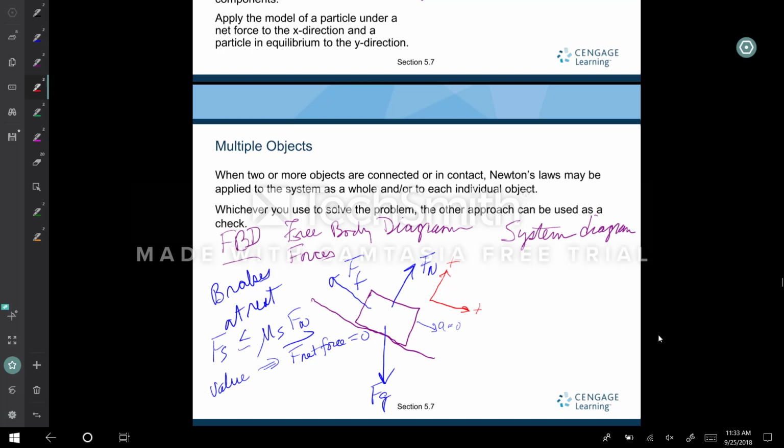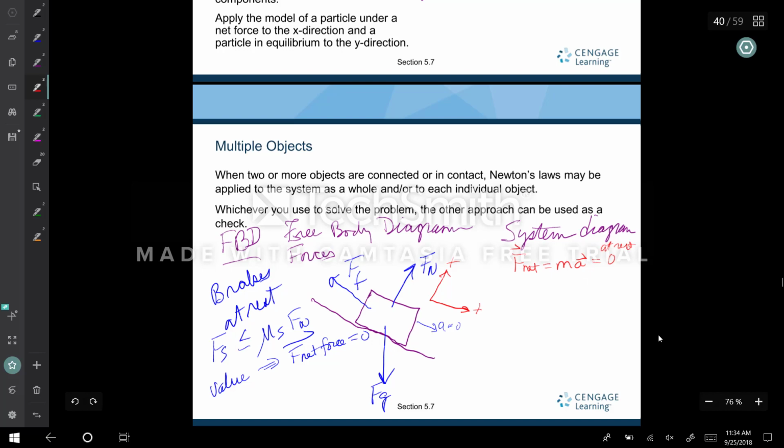You can choose any other coordinate system you want, but you'll have an a cosine and an a sine for the other one, and the math becomes a lot hairier. What's the idea? F net equals ma. That's the idea. And we're going to have 0 because it's at rest.